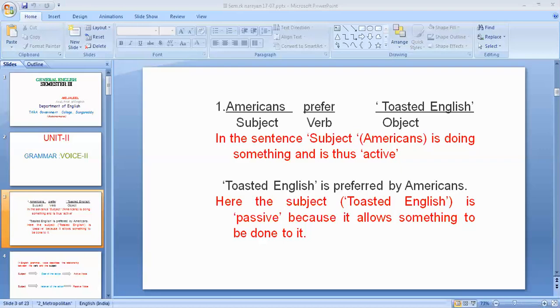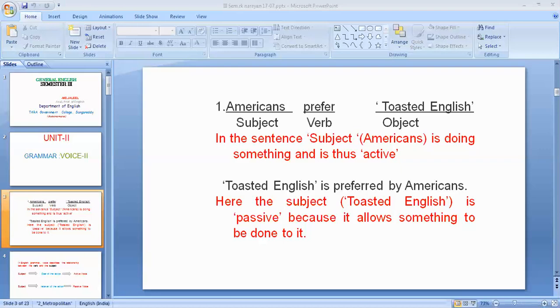And the people who are doing it are Americans. So in this way, in the sentence, the subject Americans is doing something. So this sentence can be called an active sentence. So it is in active voice.